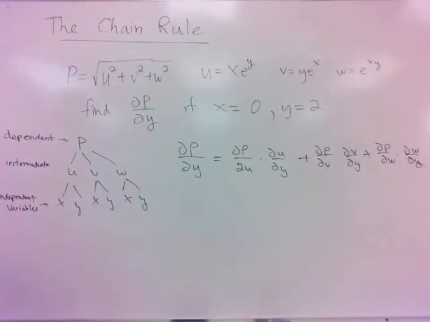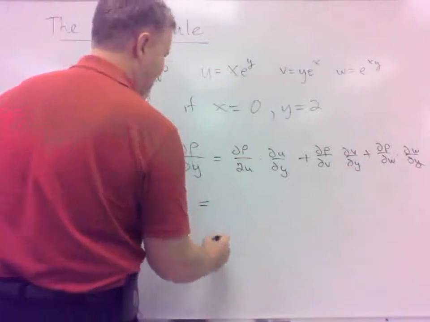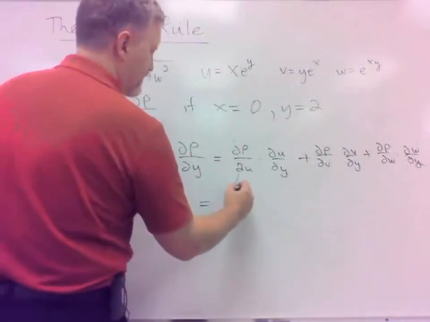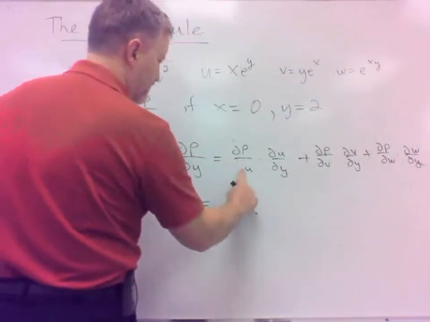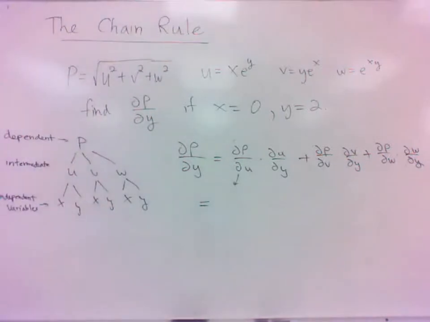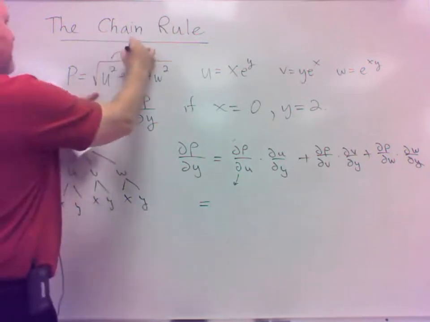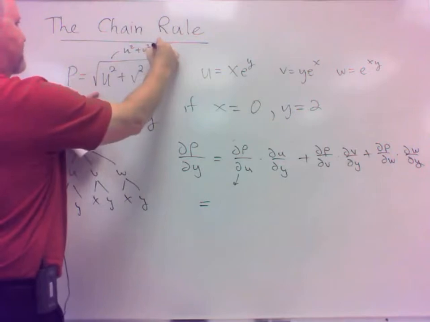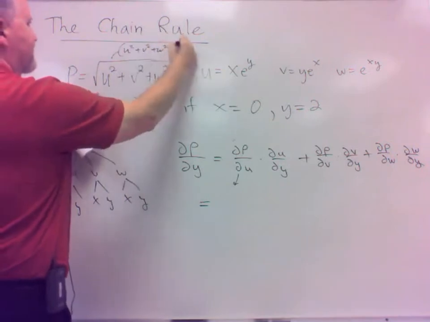So what does that give us? Well, the partial of P with respect to U, okay, what would that be? Well, you got a nice U squared plus V squared plus W squared to the 1/2, don't you?